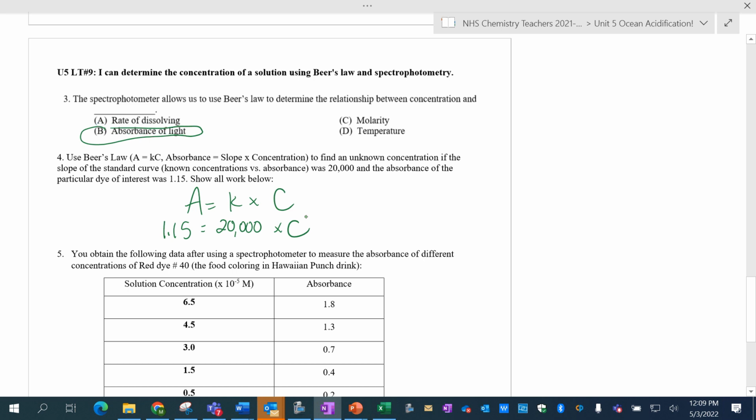And since C is our mystery, we need to divide both sides by 20,000 to solve for the mystery concentration. So we've got 1.15 divided by 20,000. This would be a concentration of 0.0000058 molarity.